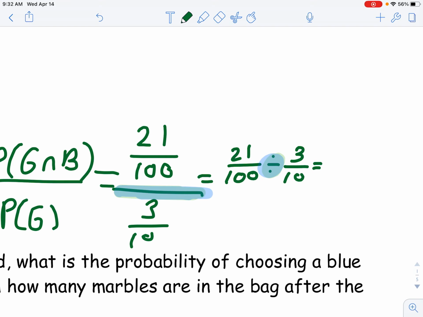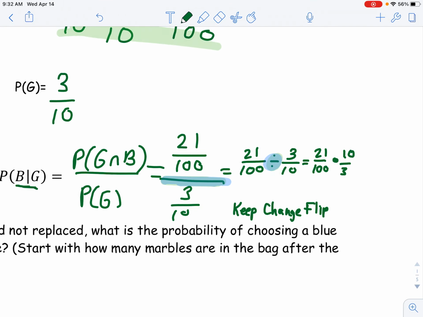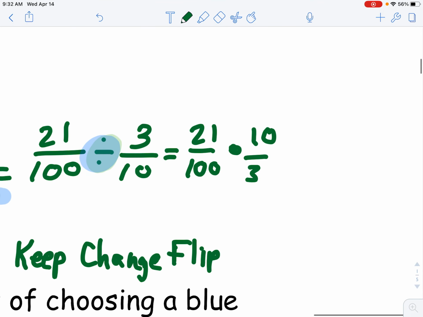Then all we do is keep, change, flip. We keep the 21 over 100, change the division to multiplication, and flip the last fraction. Then we get 210 over 300.